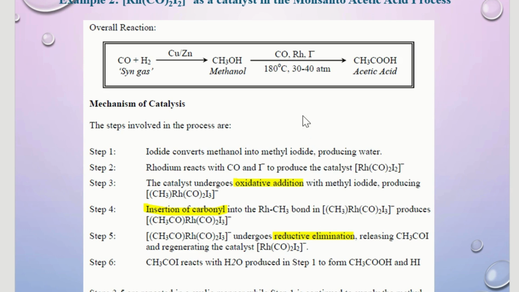As you can see, we will discuss the reaction in more detail, going through the cycle of the reaction so that it is easier to understand steps 1 until 6.